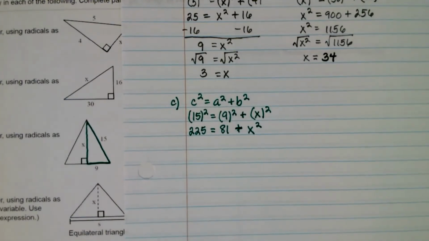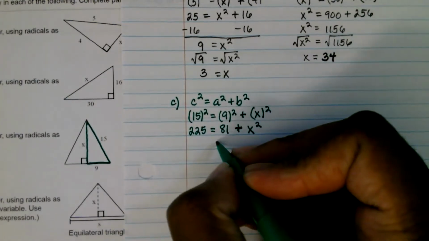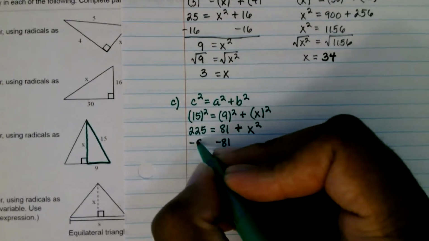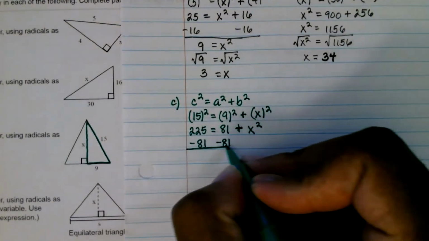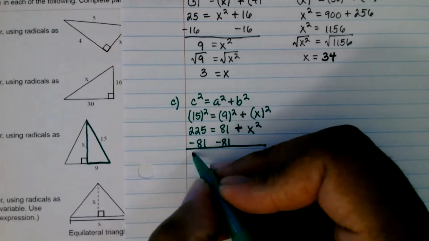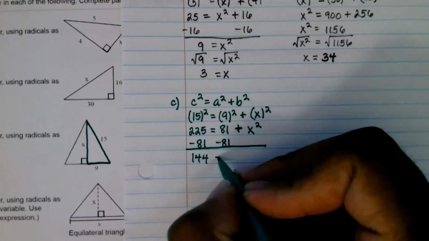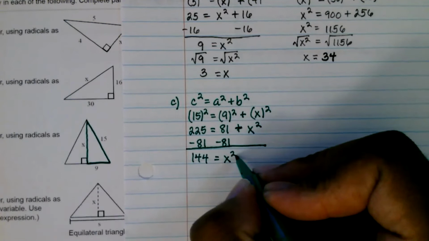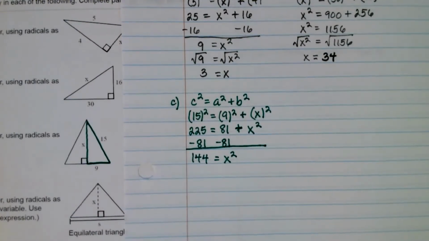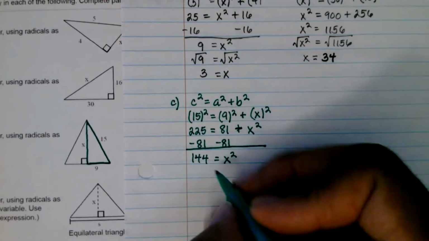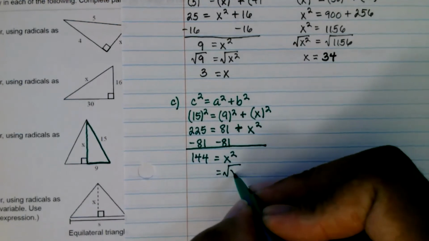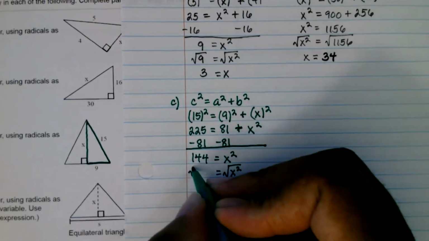Now to get x squared by itself, I'm adding 81. So I need to subtract 81 on both sides of this equation. So that means this is going to be 144. That's equal to x squared. And then the opposite of squaring something would be to take the square root on both sides.